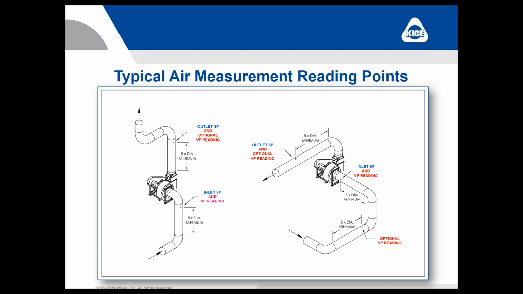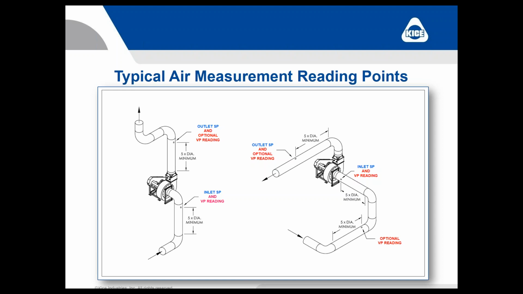Come down 5 pipe diameters, let that air get laminar again, and you can measure your outlet static pressure and your velocity pressure. Going into a fan, if you have that 5+ pipe diameters, that's a good spot to measure that air. And there's another one at the lower right, an optional velocity pressure reading point. Again, it's a minimum of 5 diameters between elbow A and elbow B.